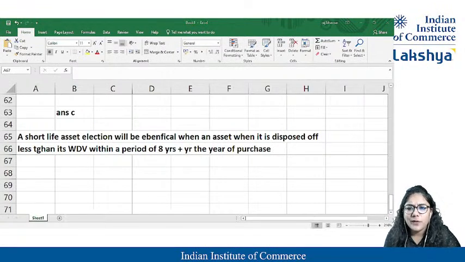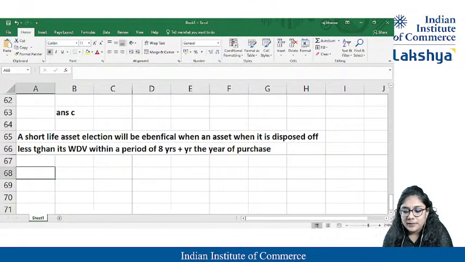So this is something we know, right? But will I get the benefit of 100% or like 130%? However, there is no benefit to a short life election where the AIA of 100% can be claimed, or if I want, I can take the super deduction of 130% which is available.